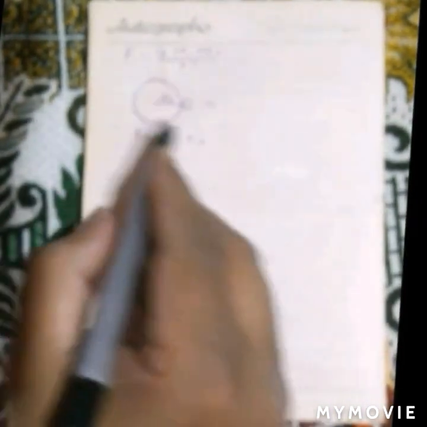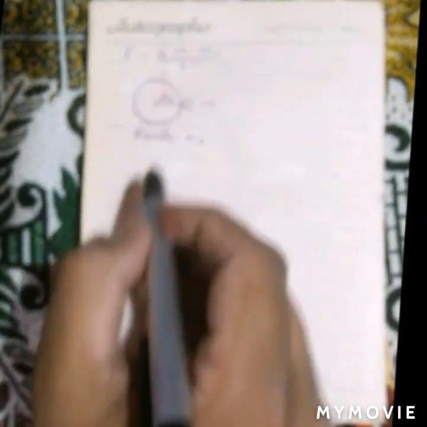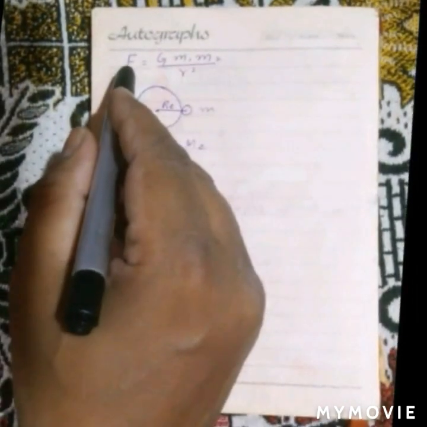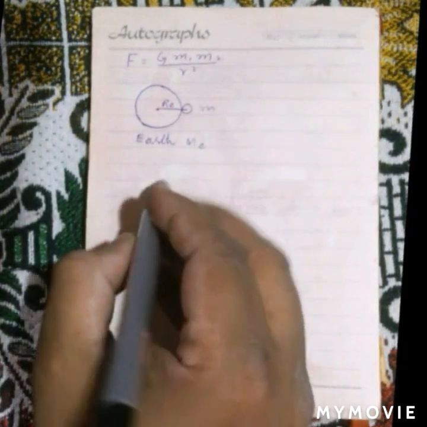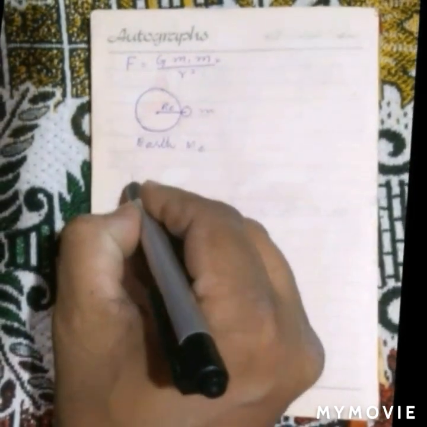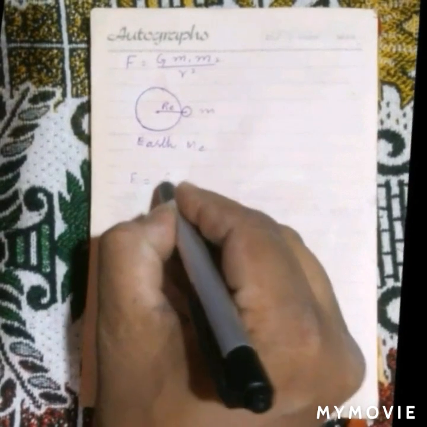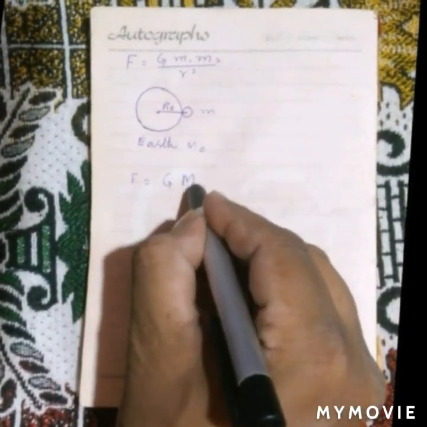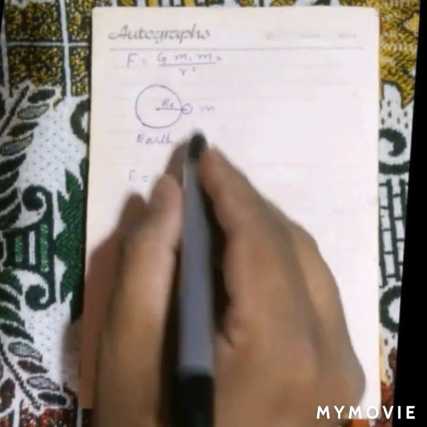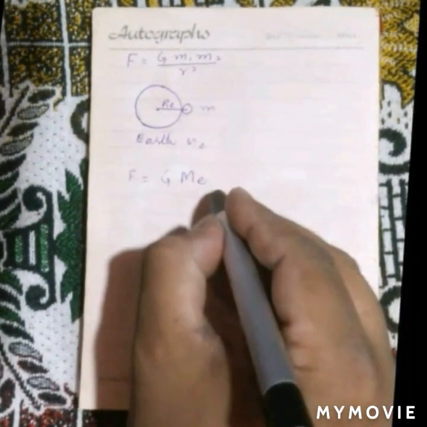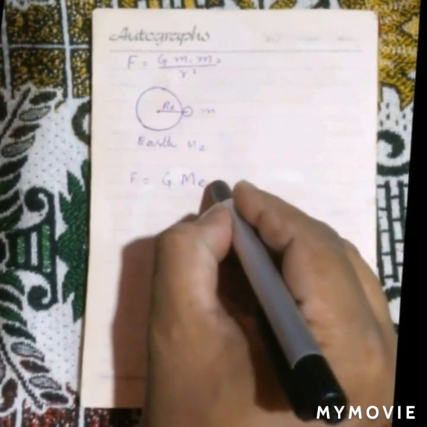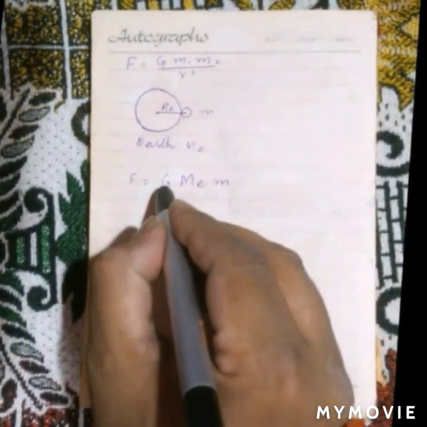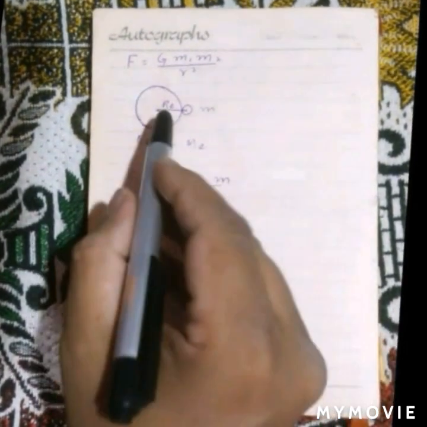Now, if we replace these values which we discussed in this diagram in the given relation, F is equal to G m1 m2 upon r squared, we will get F is equal to G, m1 will be the mass of the earth, which I can represent by Me, and m2 will be replaced by the mass of the ball, which is taken as m, and the distance between the two will be only r.